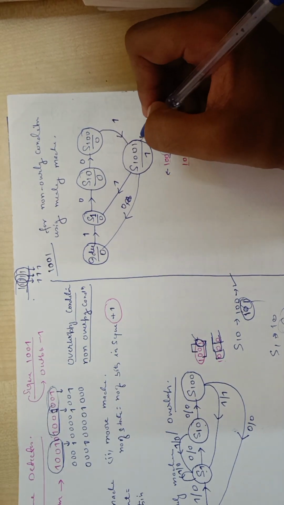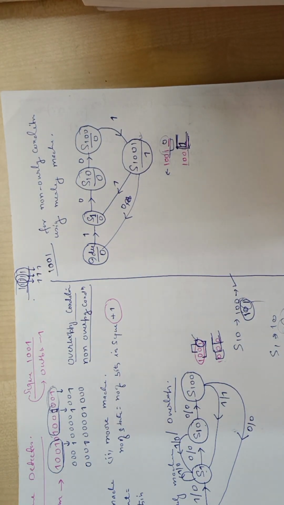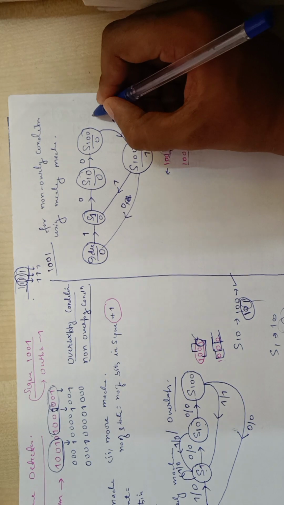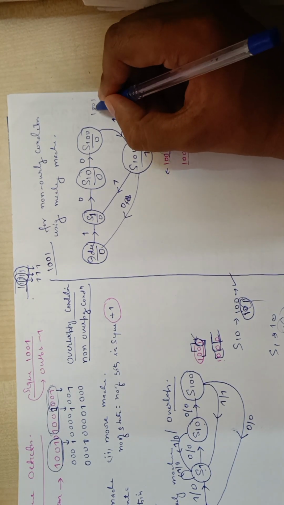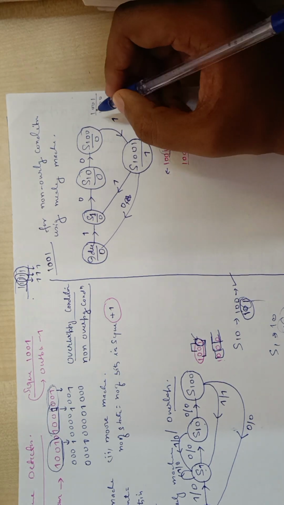For this state, two inputs are given, and the next states are determined, whether it will go to 0, or to idle, or elsewhere. Similarly, we find for 100, again it will be either 1001 or 1000. For 1001 it has already moved to the next state called S1001.